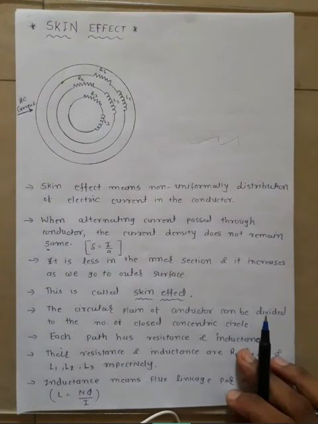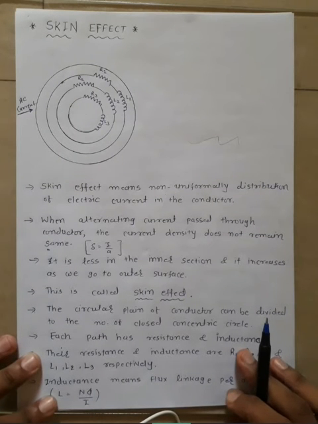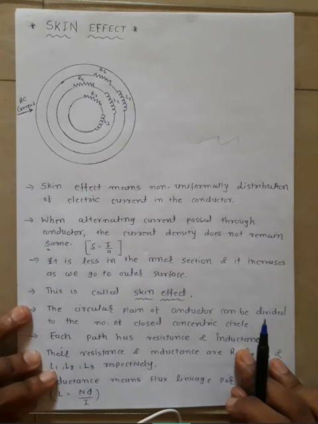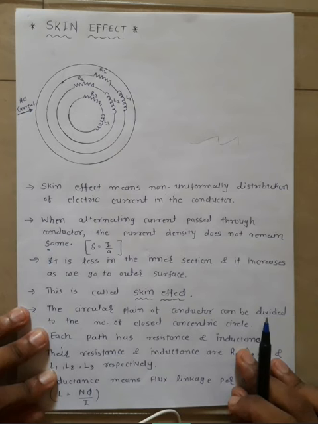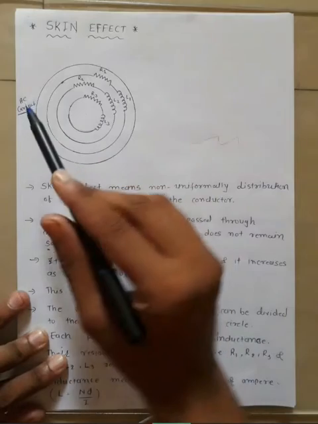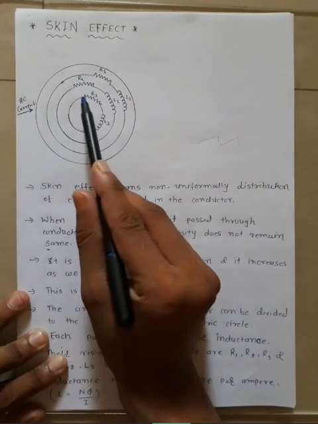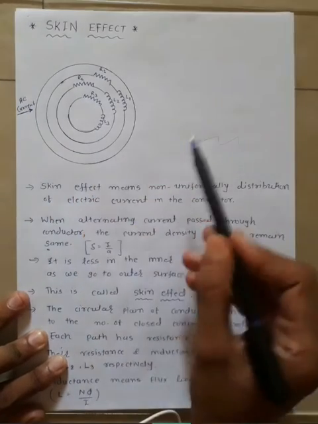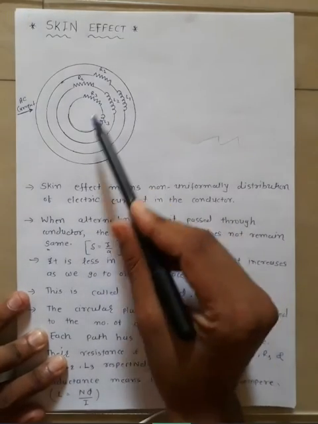What is skin effect? Skin effect occurs in the conductors used in transmission and distribution lines. Skin effect means the non-uniform distribution of electric current in the conductor. How is it possible? When alternating current passes through the conductor, the current density does not remain the same.